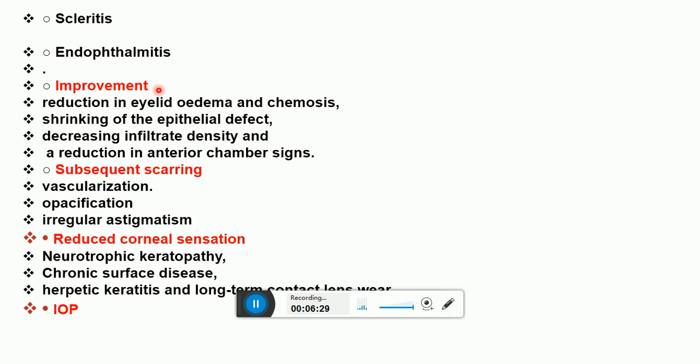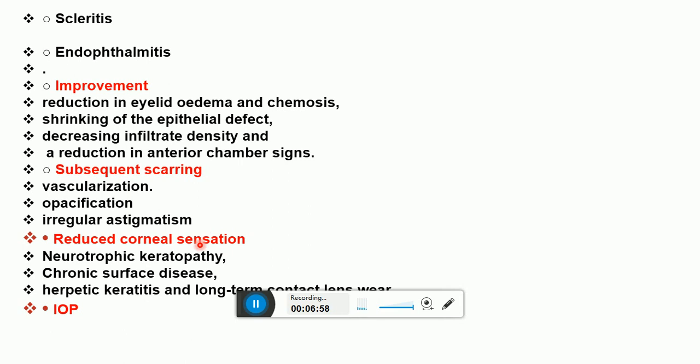Improvement is usually heralded by a reduction in eyelid edema and chemosis, shrinking of the epithelial defect, decreasing infiltrate density, and reduction in anterior chamber signs. There is subsequent scarring. It may be severe, including vascularization. In addition to opacification, irregular astigmatism may limit vision.